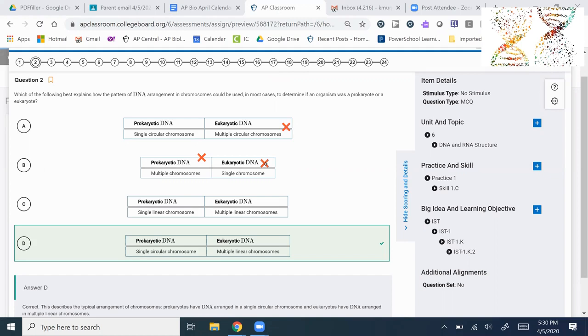Prokaryotic DNA for C, single linear chromosome, that is wrong because it's linear. Multiple linear chromosomes for eukaryotic, that is correct. And if we look at D, prokaryotic DNA, it's a single circular chromosome, which is correct. Eukaryotic DNA, multiple linear chromosomes, that is correct.